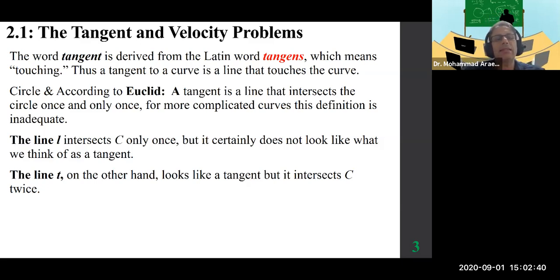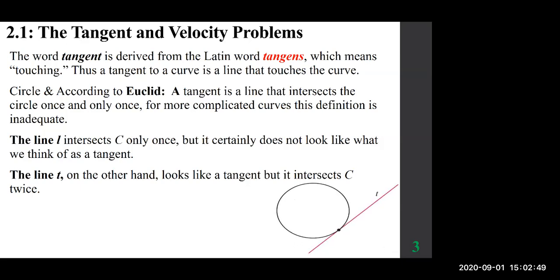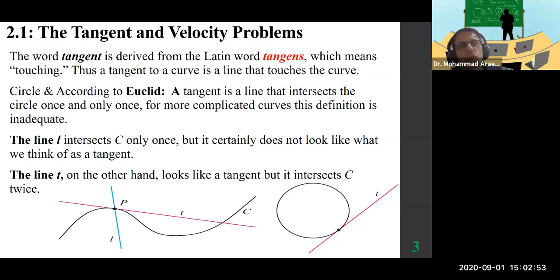the line L intersects C only once, but it certainly doesn't look like what we think of as a tangent. What do we mean by that? Take a look at this one and take a look at this one, okay? If you look at the first one, obviously this is the Euclidean definition and it works for here, okay?